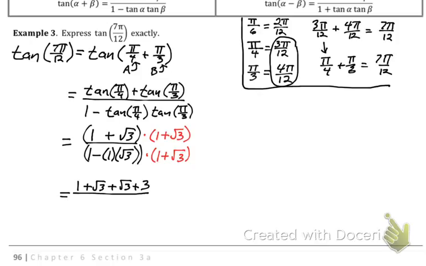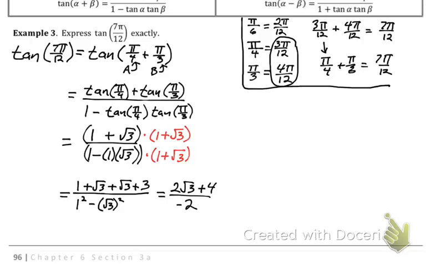All over the bottom's a difference of squares, so it's going to be 1 squared minus square root of 3 squared. That's why the conjugate always gets rid of the radical. All right, that's just going to equal 2 square root of 3 plus 4, all over, well, that's just 1 minus 3, which is negative 2.